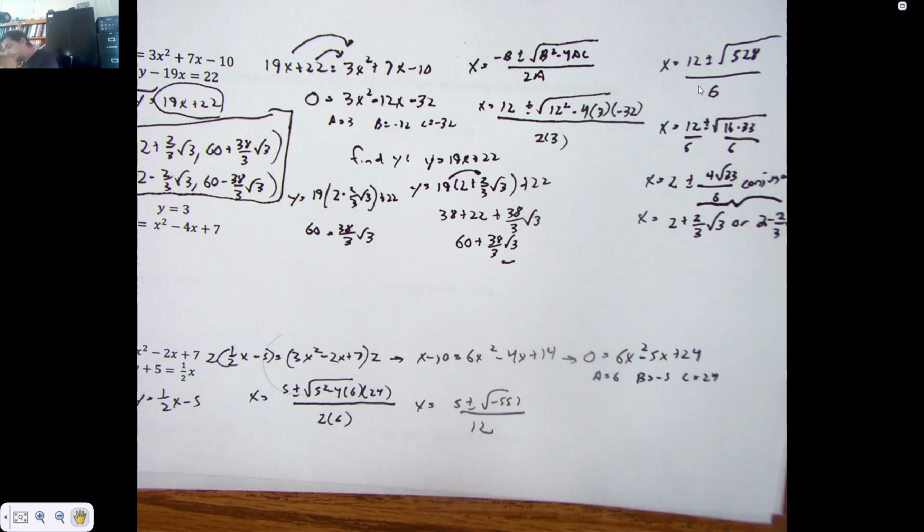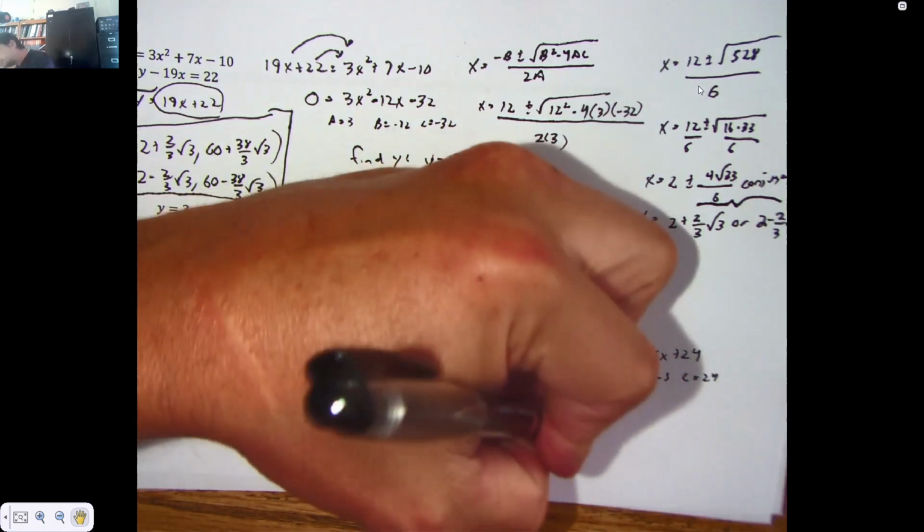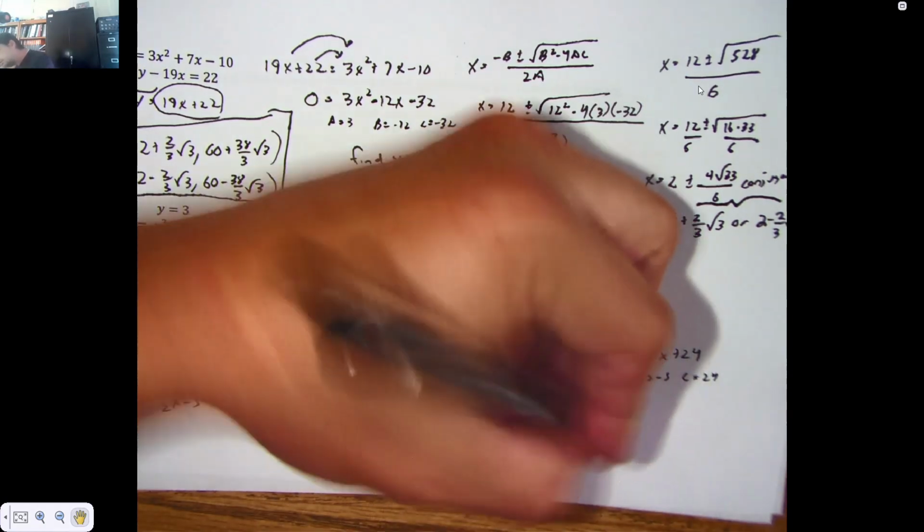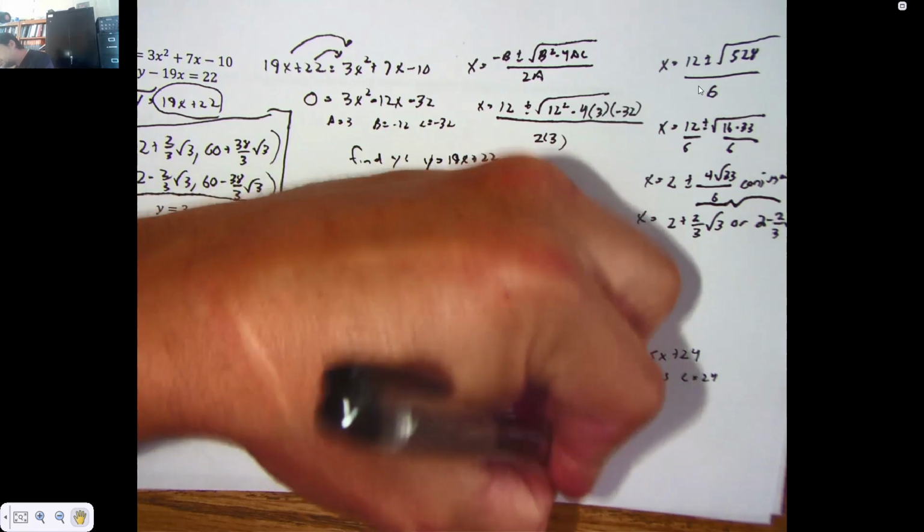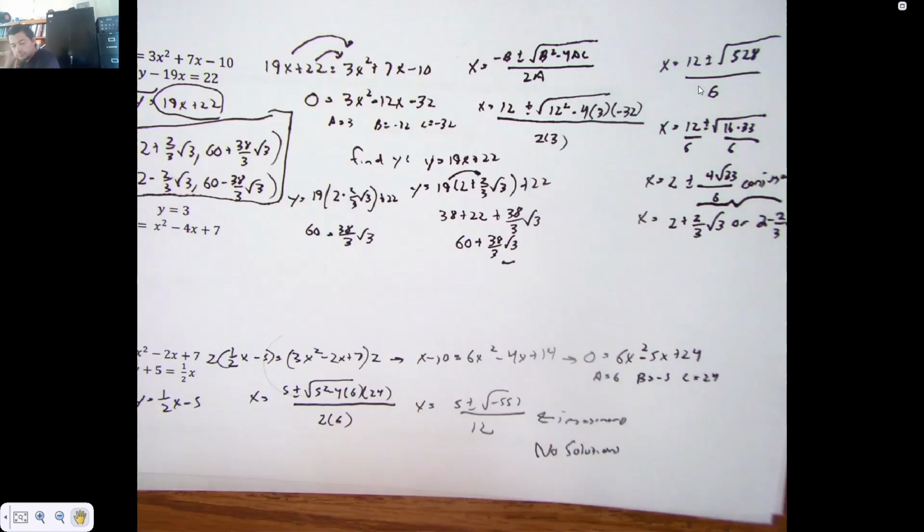So I know that this is imaginary. There are no solutions. And again, that's assuming I didn't make a mistake. If I made a mistake, feel free to correct me. It does not bother me to be corrected. I'm not one of those teachers who's going to lose their crap. Unless you're wrong.